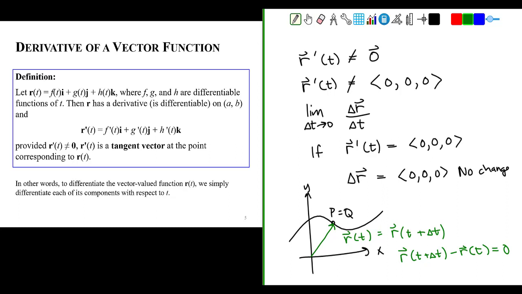There's no change here. And I should say equal to the 0 vector.